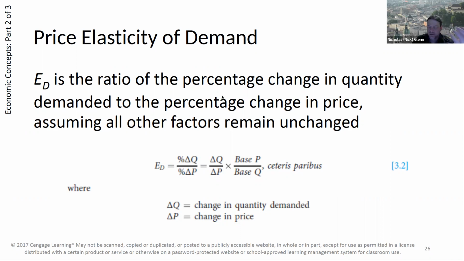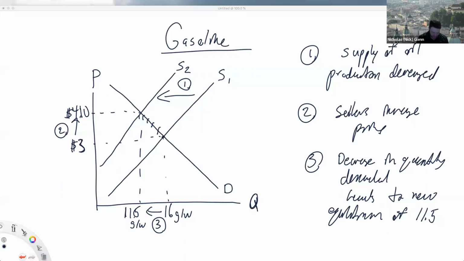Like I said, this is the ratio of the percentage change in quantity to the percentage change in price. This will give us our elasticity of demand. Let me go to a little whiteboard thing here. I'll draw this out. All right, let's erase this first.